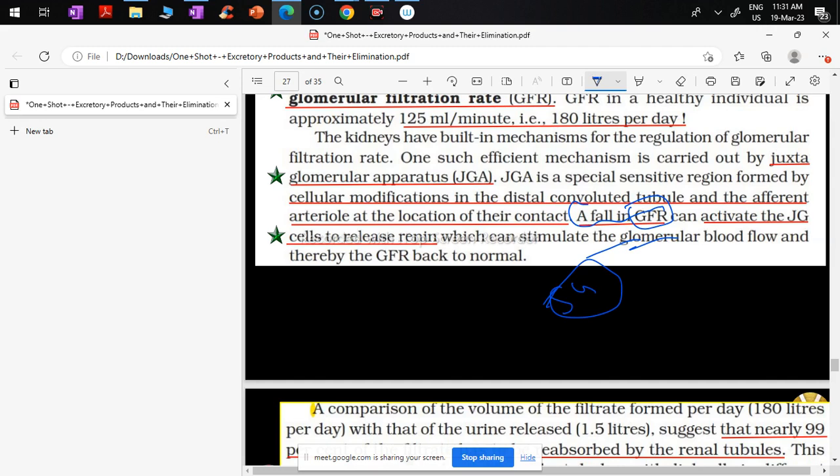In the next lecture we will complete this chapter. I will also share some questions with you. If I forget, you can remind me. I will send you some NCERT-related questions for this chapter which you can solve. Next we will do later.